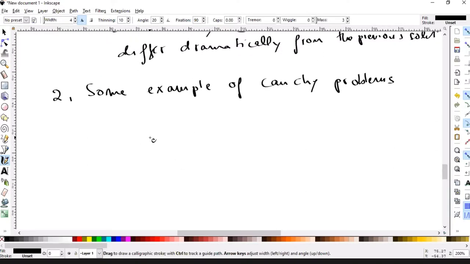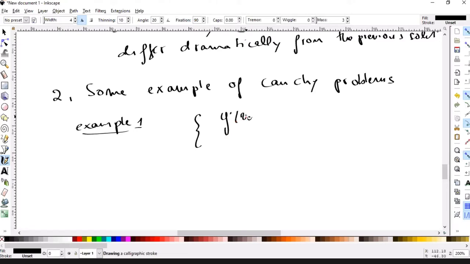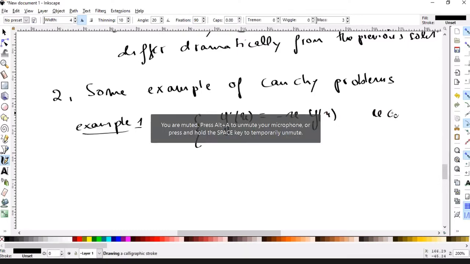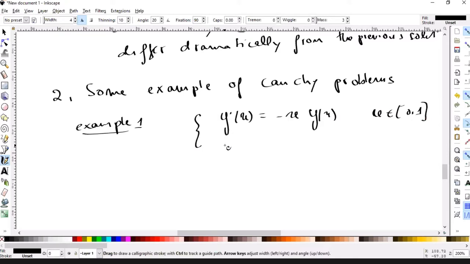So, some example. Let's take, for example, the problem y prime of x is equal to minus x y of x, where x belongs to [0, 1], and y of 0 is equal to 1.